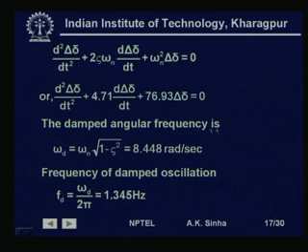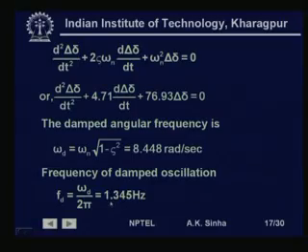The damped angular frequency omega d, as we have seen, is given by omega n square root of 1 minus zeta square. This comes out to be 8.448 radians per second, and the frequency of the damped oscillation f d is equal to omega d by twice pi, because omega is twice pi f. So, this comes out to be 1.345 hertz.